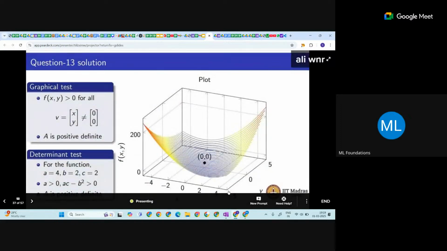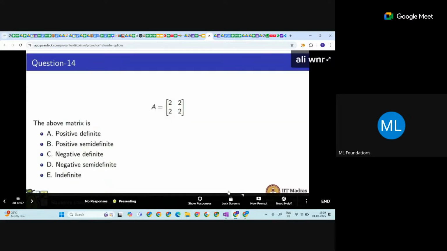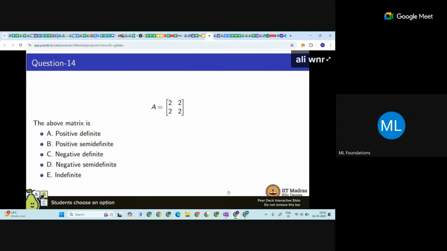What will you say about this matrix? Is it positive definite, negative definite? What do these terms mean: positive definite, semi-definite?